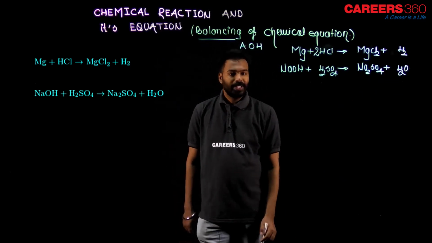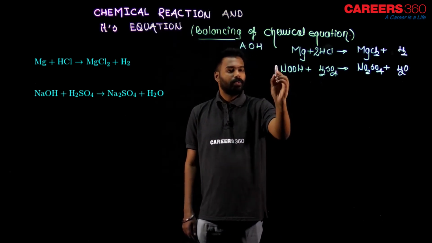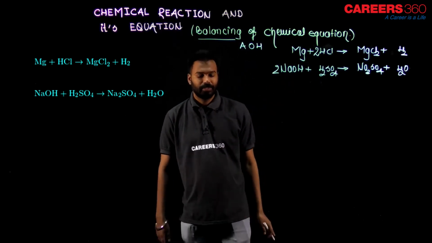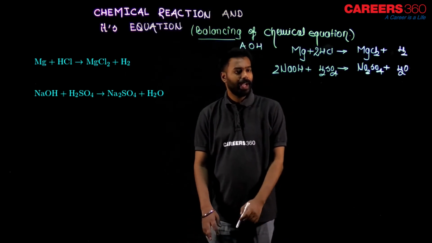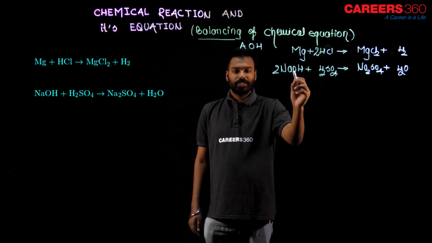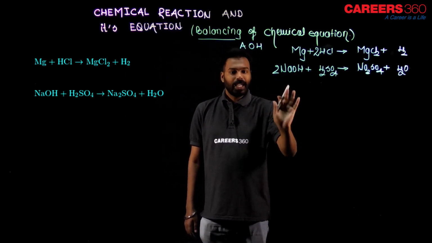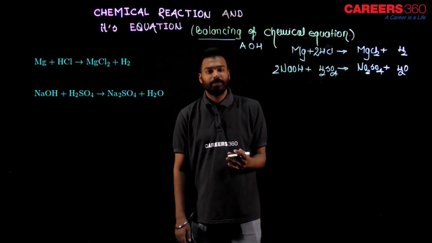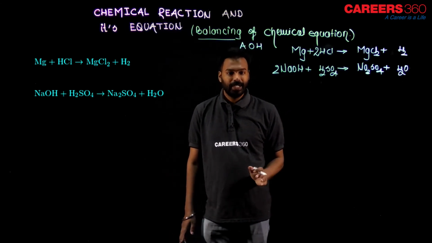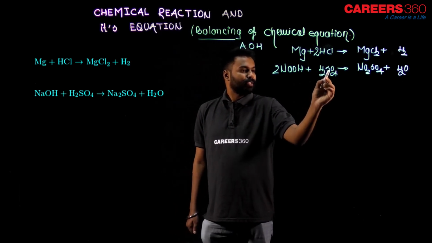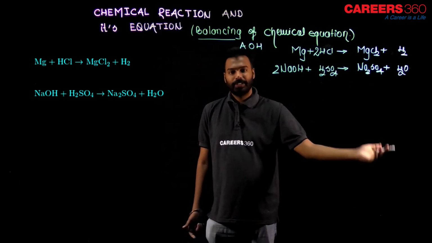Okay. How many sodium? 1. Here 2. Right here 2. Sodium balanced. Very easy. Oxygen or hydrogen I can't balance yet. I have to balance first those atoms which are other than oxygen and hydrogen. So, let us take sulfur, 1 sulfur, 1 sulfur, it is balanced.